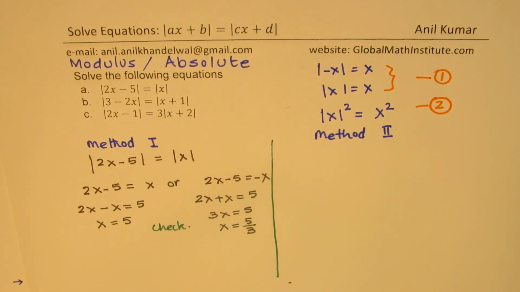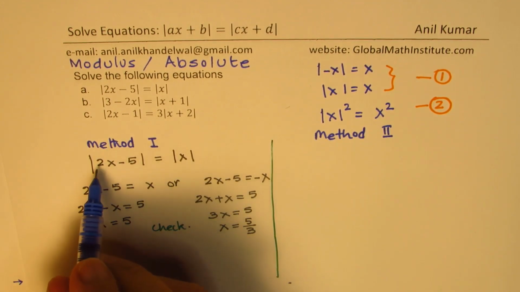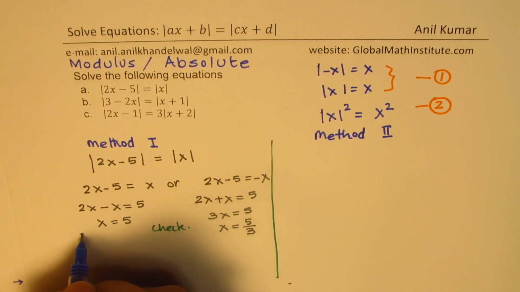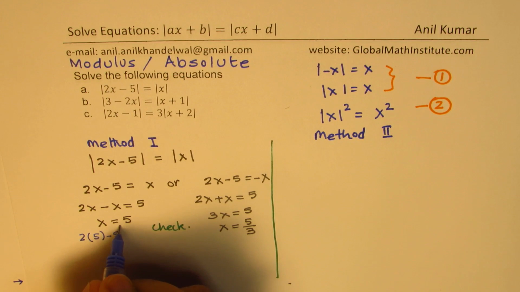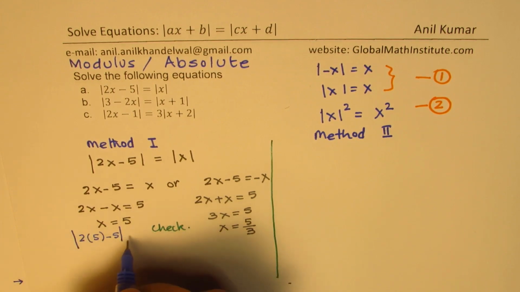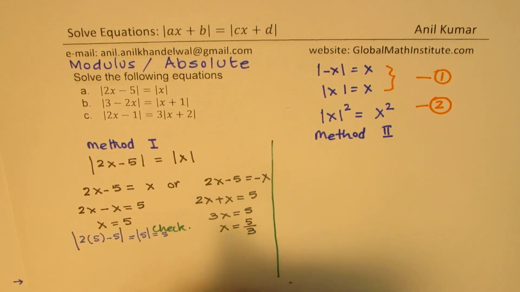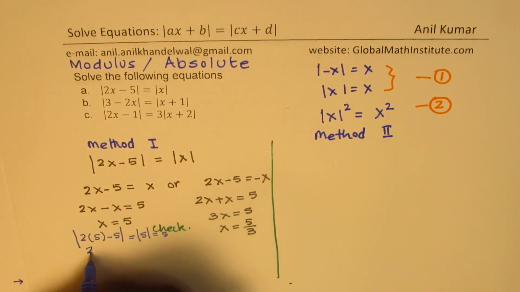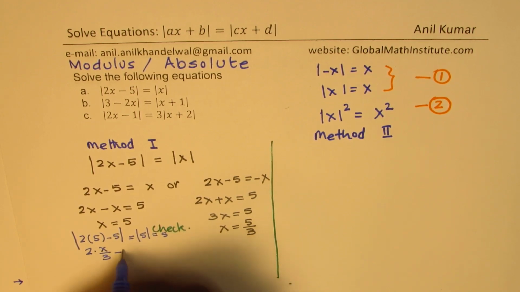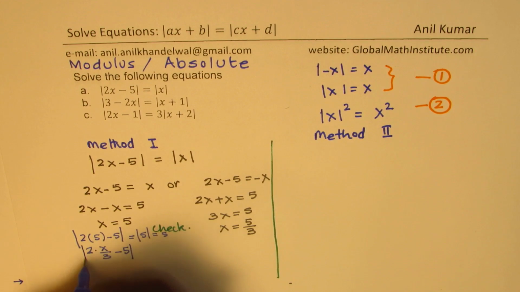So let's check it before we move forward. So we have x value of 5. So if I write 2 times 5 minus 5. So that means what? That means absolute value of 5, which is 5. On the other hand, we have x equals to 5 over 3. So we could write 2 times 5 over 3 minus 5, absolute value. Correct.